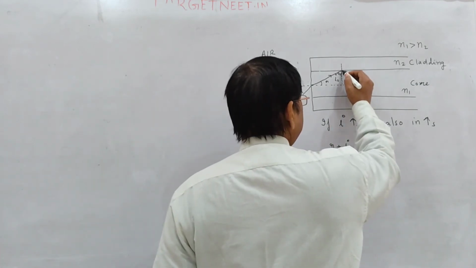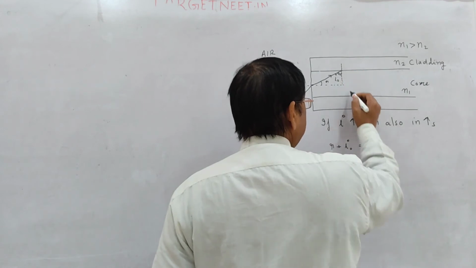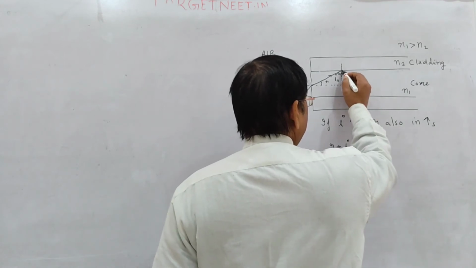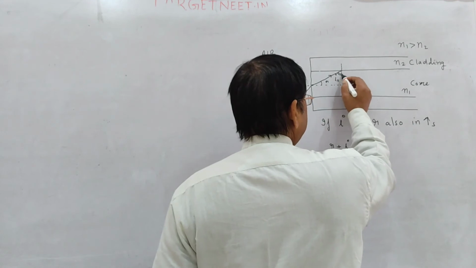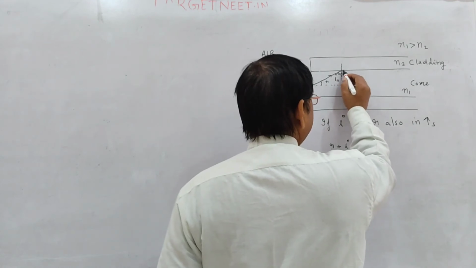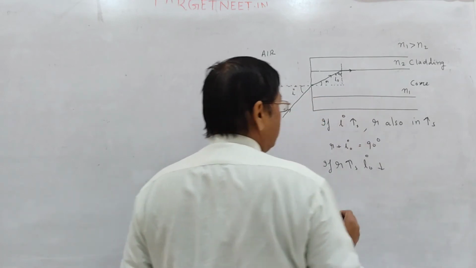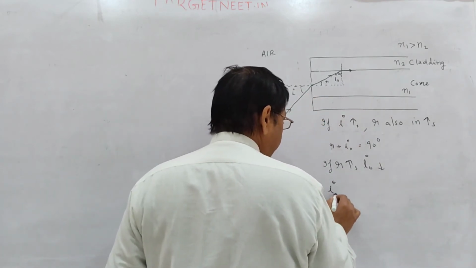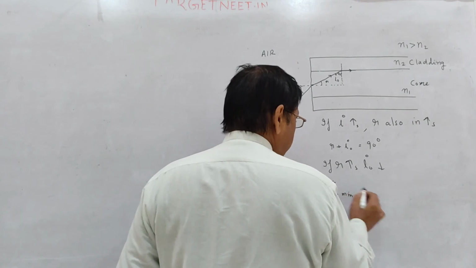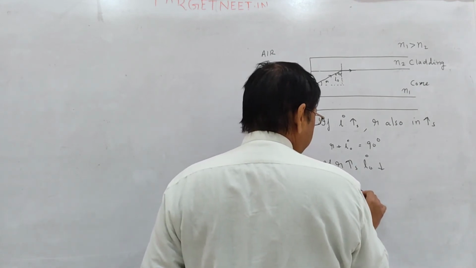And here there should be total internal reflection, so the minimum angle should not be less than the critical angle. If it is the critical angle, light will go like this. So I naught minimum must be equal to C.